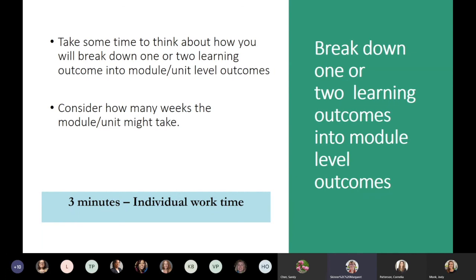And then think about roughly how long this might take. If you've taught this class many times before, you'll have a rough idea. If you're new to this, this can be the scary, challenging part where you don't know exactly how many weeks it's going to take. So you're making an educated guess based on your experience when you were learning it, and also always reaching out to your really invaluable colleagues to get their input and expertise.